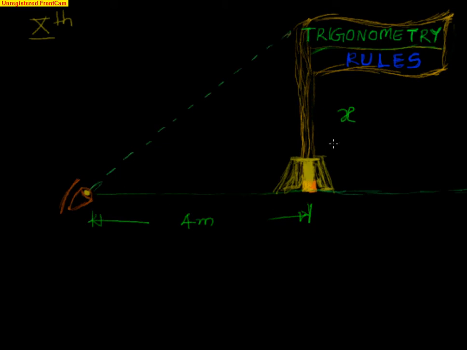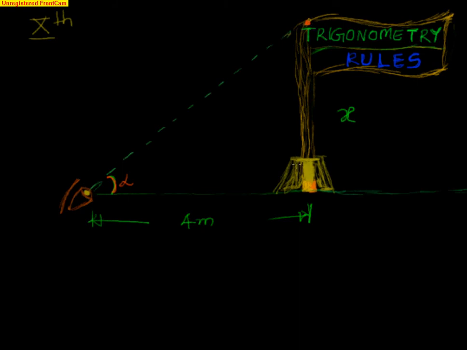Suppose you are looking from here, and let me say this angle is alpha. By the way, you have observed that you are forming a right angle triangle. You know the horizontal distance, you want to find out the vertical distance, and your line of sight is towards the highest point of the trigonometry tower because you want to learn about trigonometry.